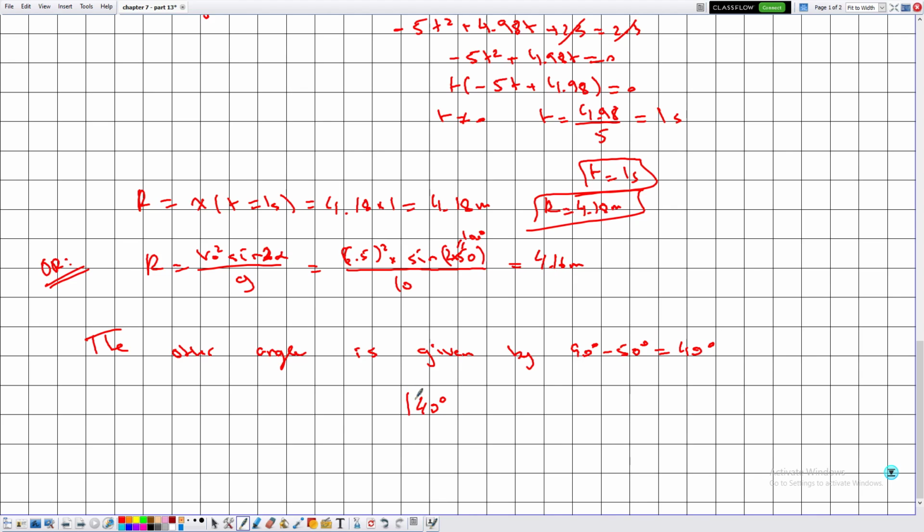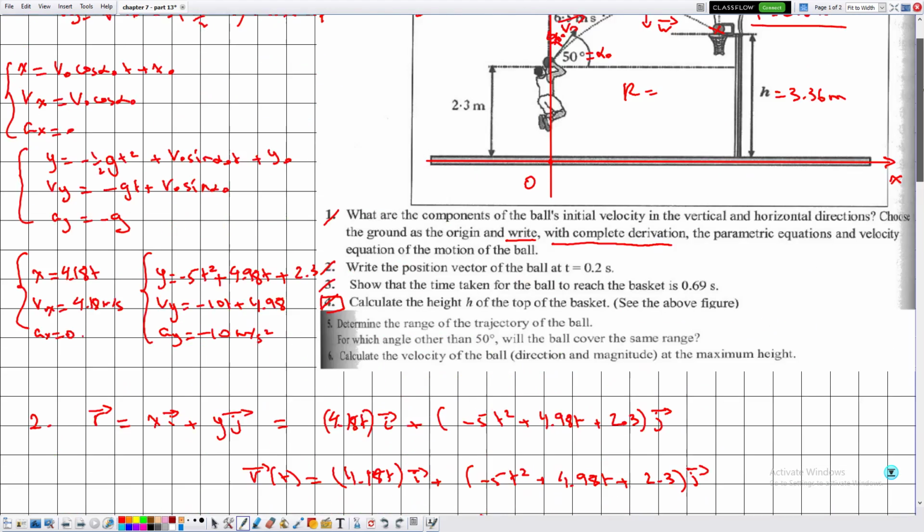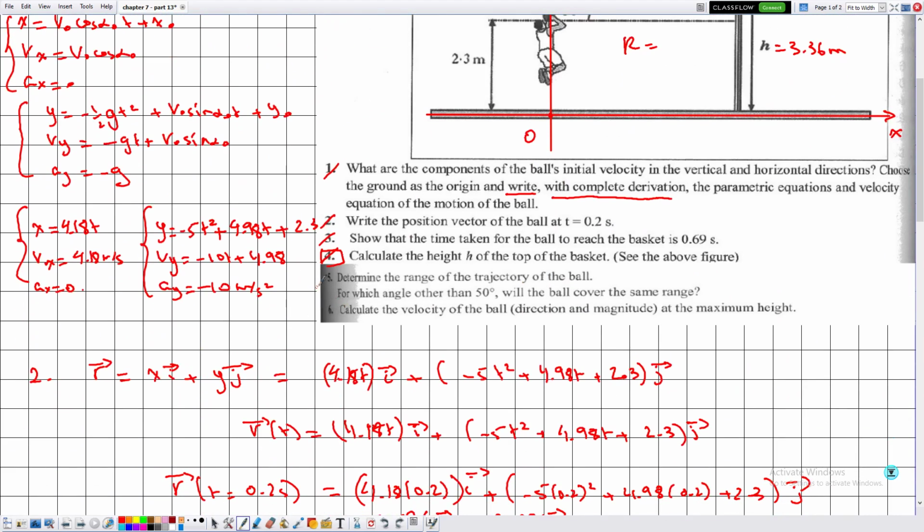So 40 degrees makes the projectile cover the same range. We are done with part 5 now.